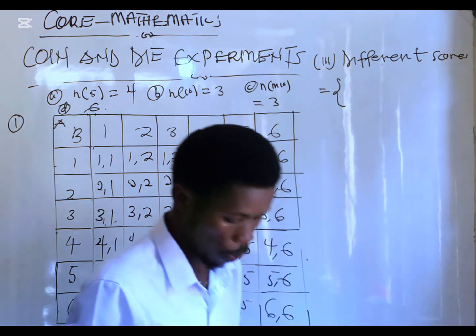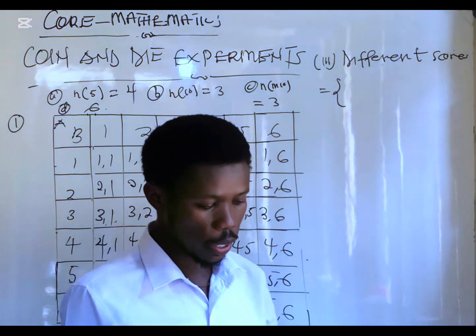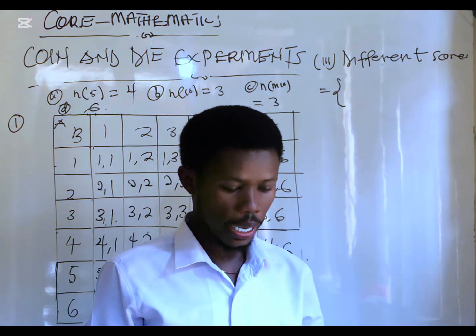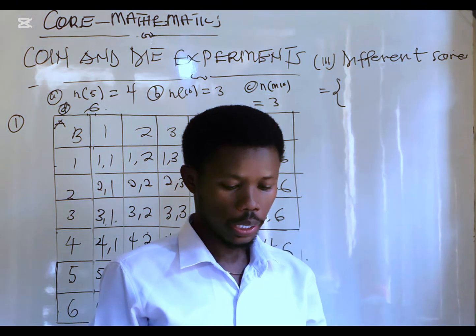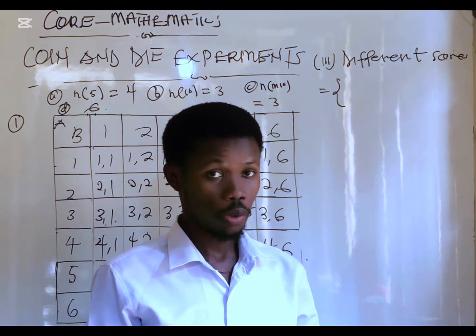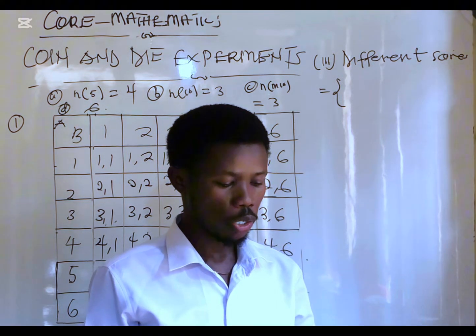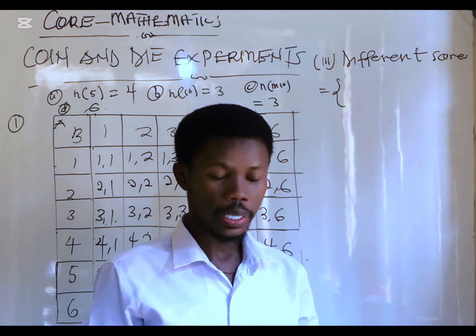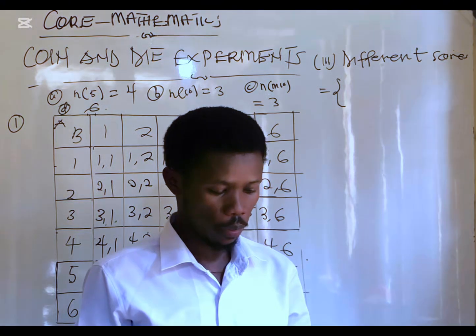The question is talking about probability. So the difference between the II and the III is that the II just talks about, you should just list them, okay? That's why we just listed it. But the III is talking about probability. So you list them and you find the probability of it.